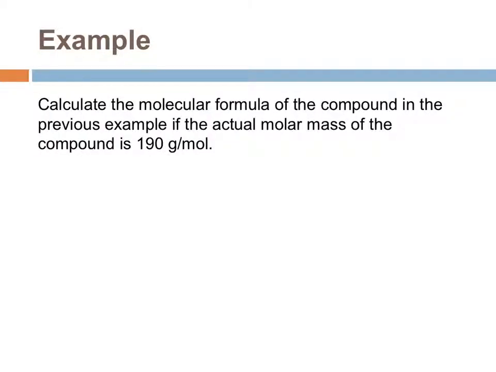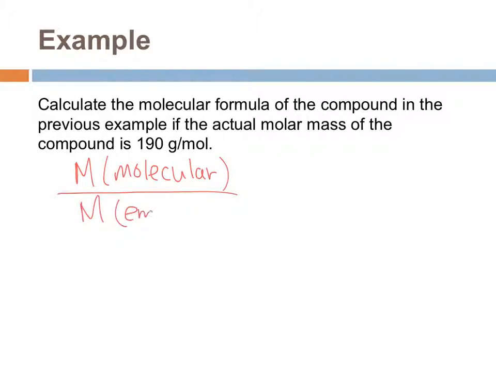Now to find a molecular formula, we need to take our calculation one step further. So in this example, it asks us to calculate the molecular formula in the compound in the previous example if the actual molar mass of the compound is 190 grams per mole. So what we want to do is find our ratio of the molar mass of our molecular formula versus the molar mass of our empirical formula.